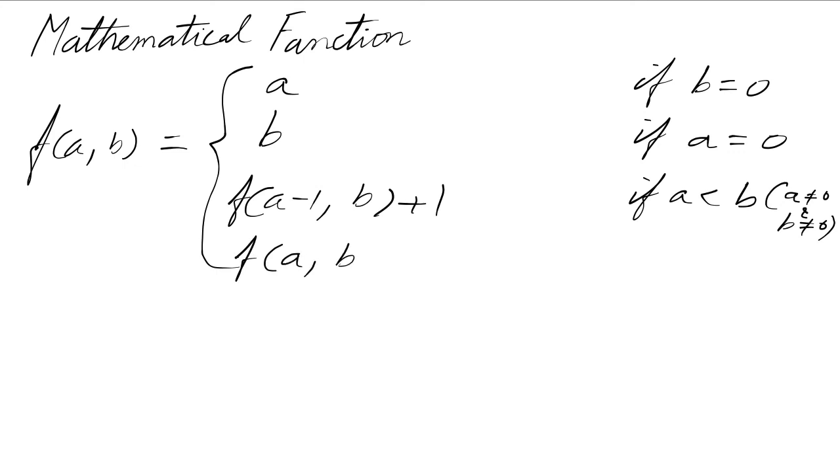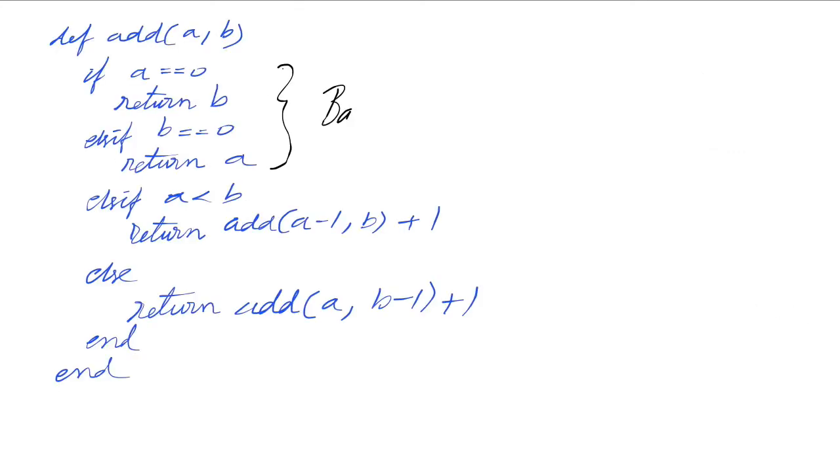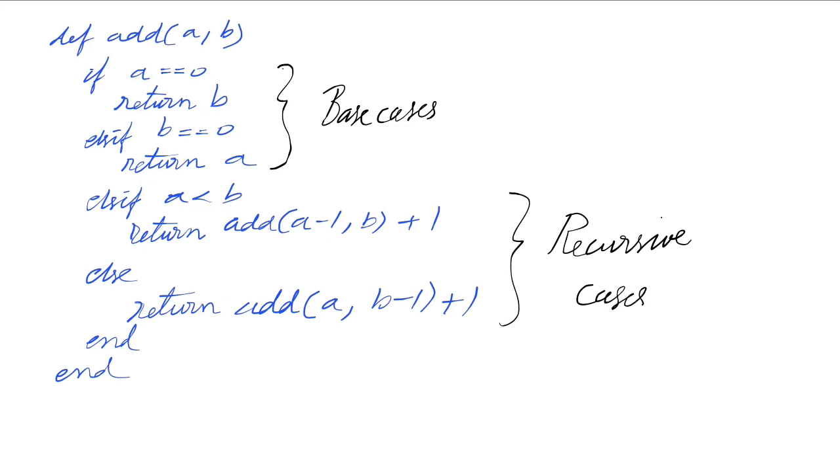And it's equal to f of a, b minus 1 plus 1 if b is less than or equal to a and a is unequal to 0 and b is unequal to 0. We have two base cases and two recursive cases.